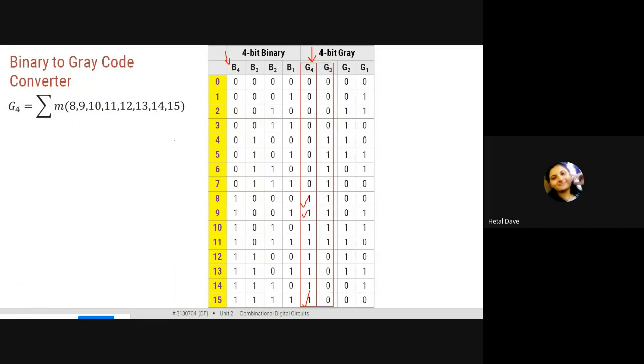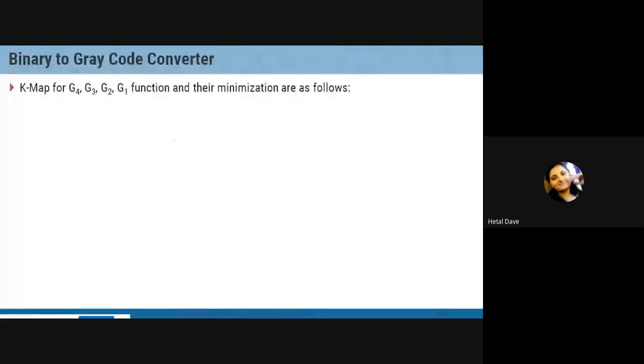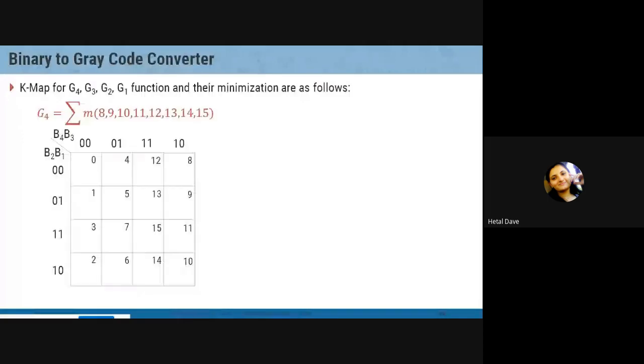Observe G3, wherever 1s are there, you need to decide it: 4, 5, 6, 7, 8, 9, 10, 11. G2, find out the 1s and see the related input. So you should decide 2, 3, 4, 5, 10 up to 13. 1s are there. G1 min terms. Once the min terms are there, then you need to prepare the KMap.